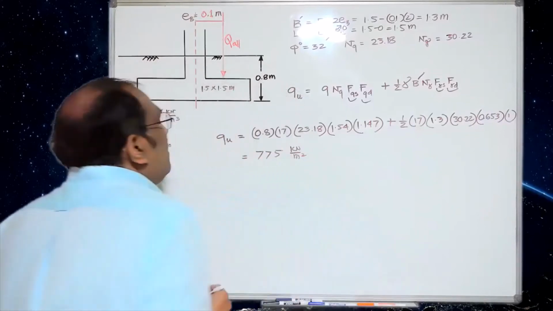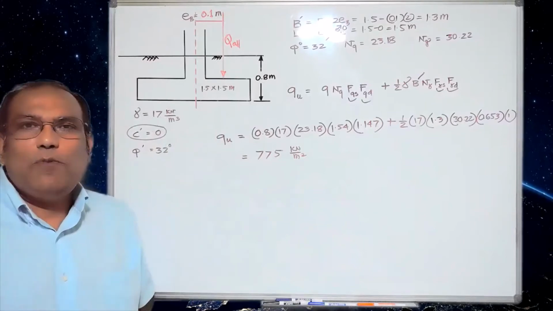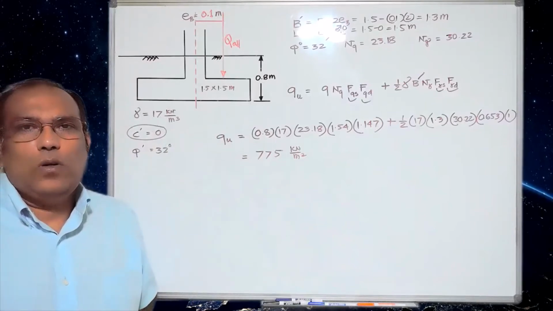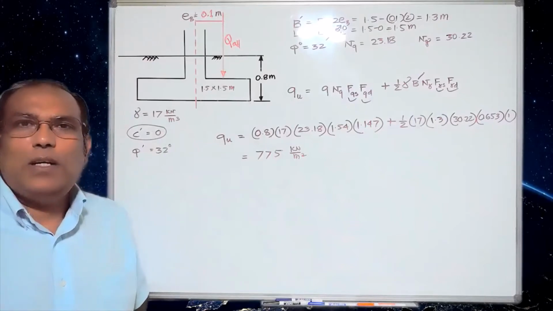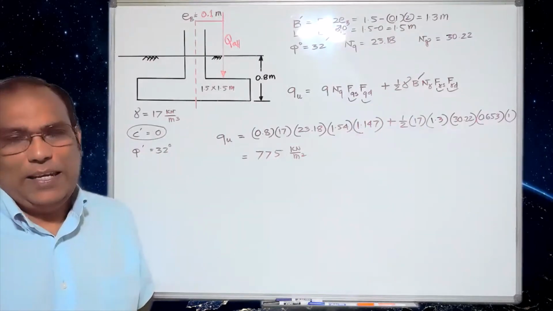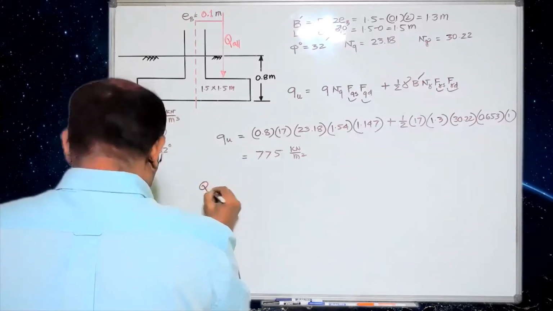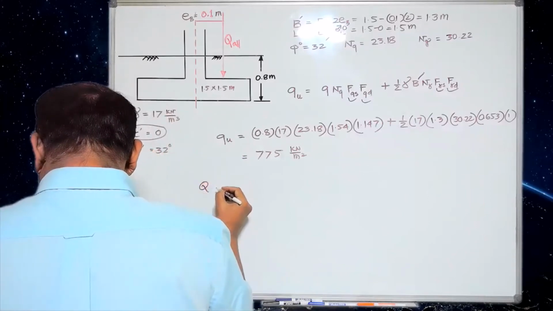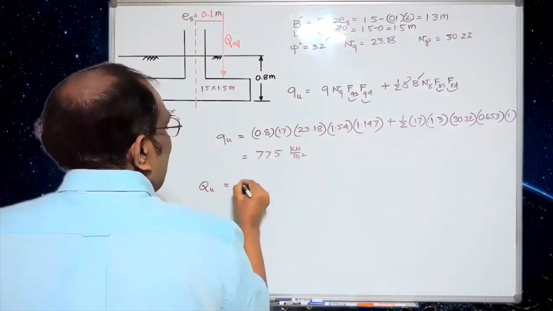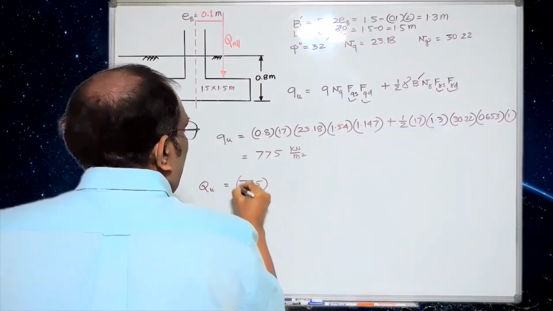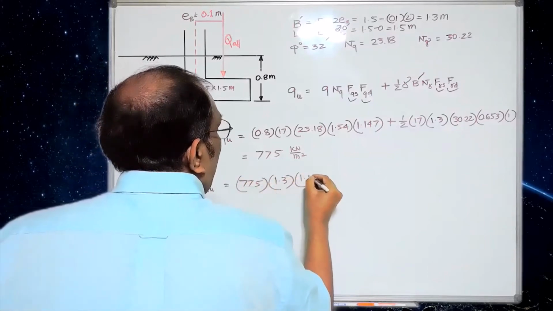Now we have to find out the total capacity. This is stress, so we have to multiply with the area to find the total load capacity. But when multiplying with the area, that would be the effective area. So QU is basically 775 multiplied by the area, 1.3 into 1.5.